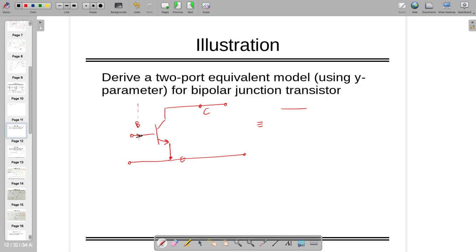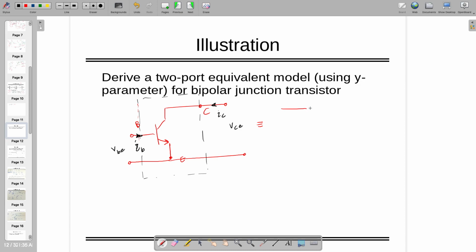One is IB, one is IC, this is VBE and this is VCE. So it's similar to what we were doing in the two-port network. In this black box, there is a 3-terminal device, but it will be converted to a two-port network using our analysis.